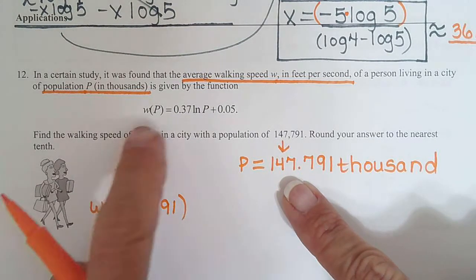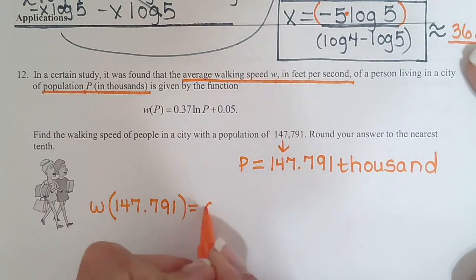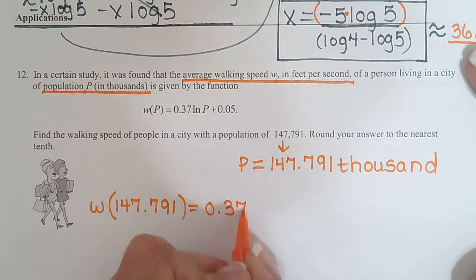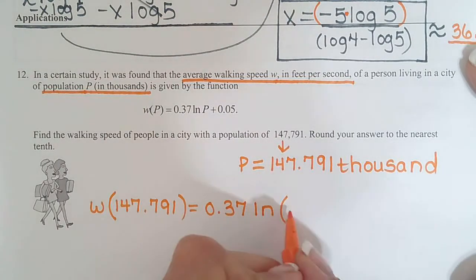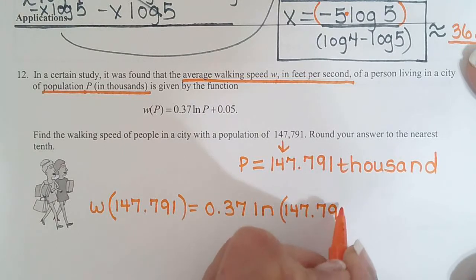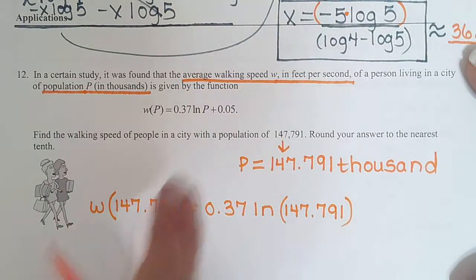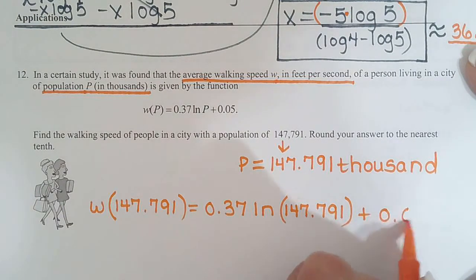147.791, because remember, we're just plugging straight into this equation, equals 0.37 natural log of 147.791 plus 0.05.